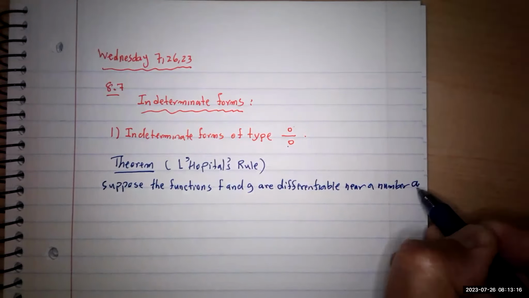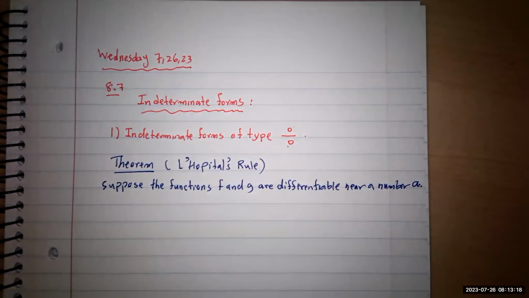Near means you don't care about a itself, just around a. In almost all cases they assume the differentiability should be at a, but that's not the case; that's special. When x gets closer and closer to a, the derivative of the function at x exists. If it is also differentiable at a, it's a bonus. So suppose this is the case, such that the following conditions are satisfied.